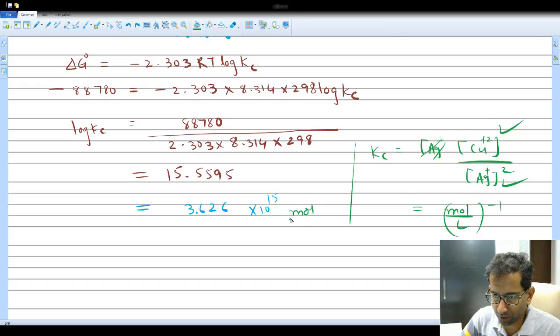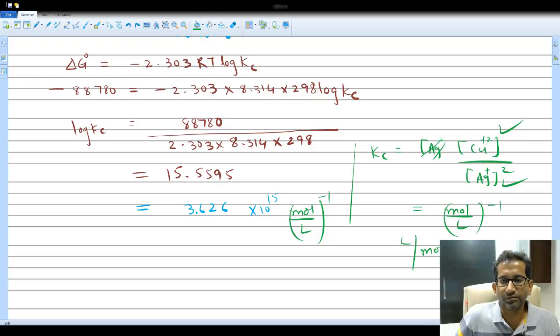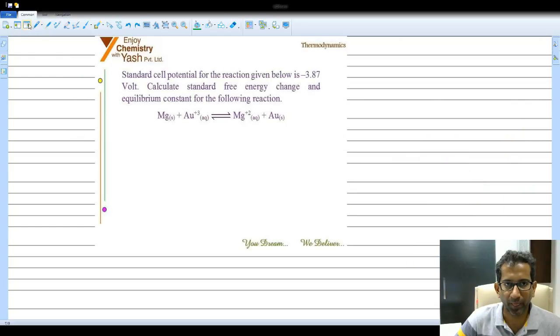So the unit is mole per liter inverse, or you can write liter per mole also. Check it. Okay. Next question.